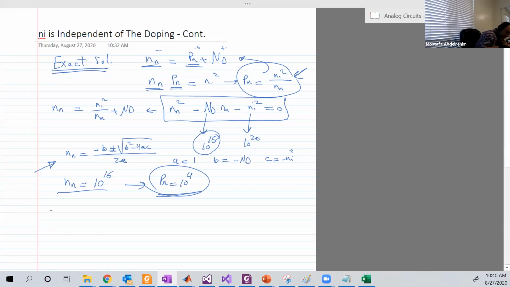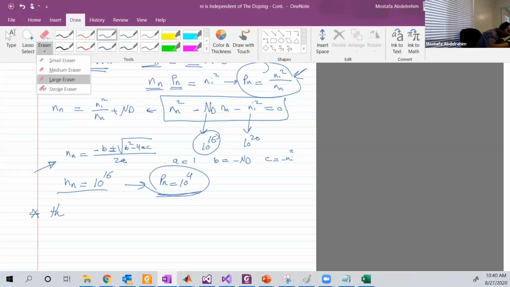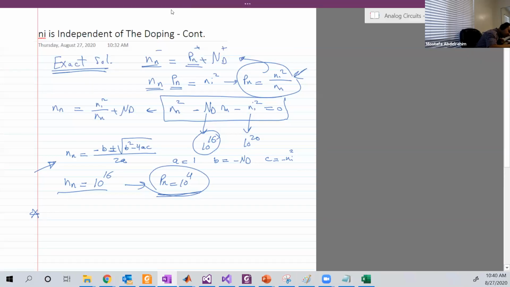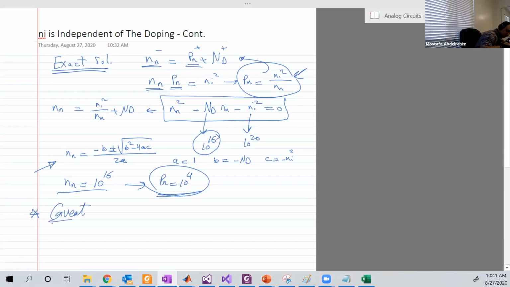But there is a caveat here. Let's write it properly. Caveat. The approximate solution, which is very useful, is valid for, we can say, low temperatures.